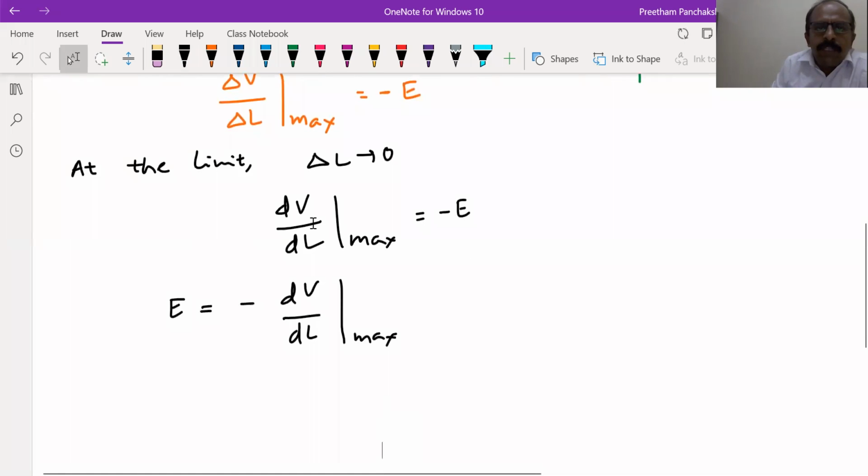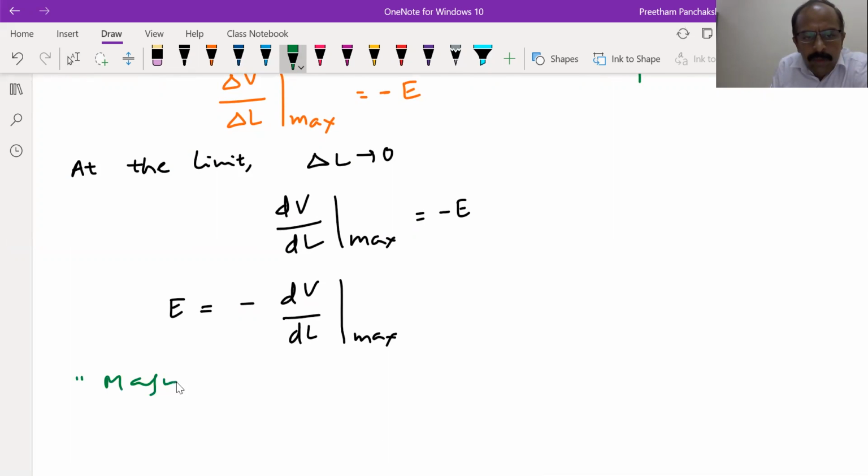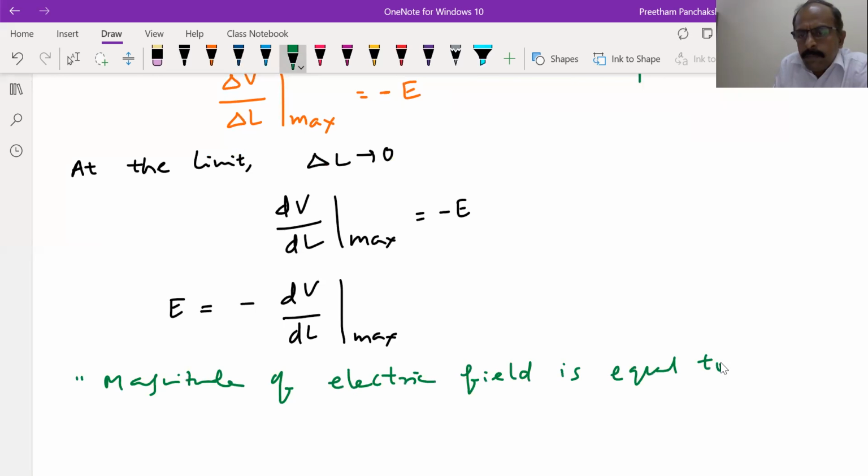From this a very important conclusion can be drawn, that the magnitude of electric field is equal to the maximum rate of change of potential.